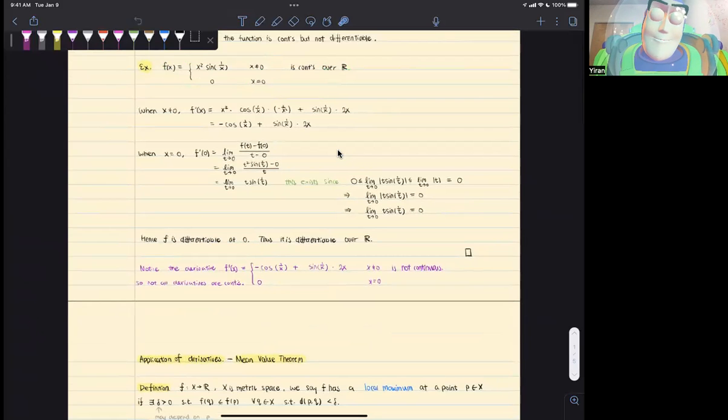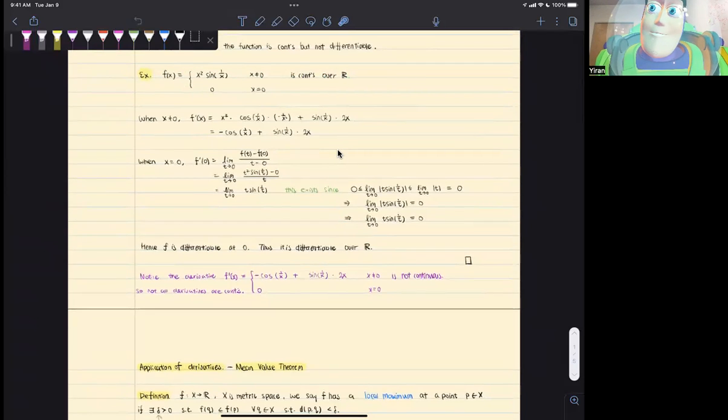After going over this example, what I really want to say is that if we know a function is continuous, we have no information about whether or not it is differentiable, because it could be or it could not be.